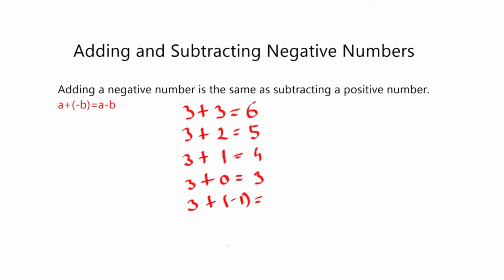If we look at what's going on, we see that we got 6, 5, 4, 3, and therefore now we'll get 2. Okay, but we can actually apply the rule that we're seeing here. So we have 3 plus minus 1, and the rule is telling us that 3 plus minus 1 is exactly the same as 3 minus 1, which we already know gives us 2. Again, if we move forward, we have 3 plus minus 2.